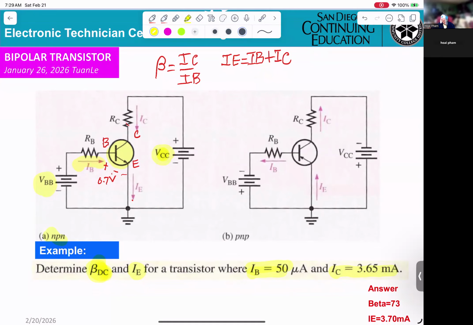If you're doing it right, the answer will be beta equal 73 and IE equal 3.7 milliamp. Okay, you can try. That is not hard to do. Let me know if you get the right answer.